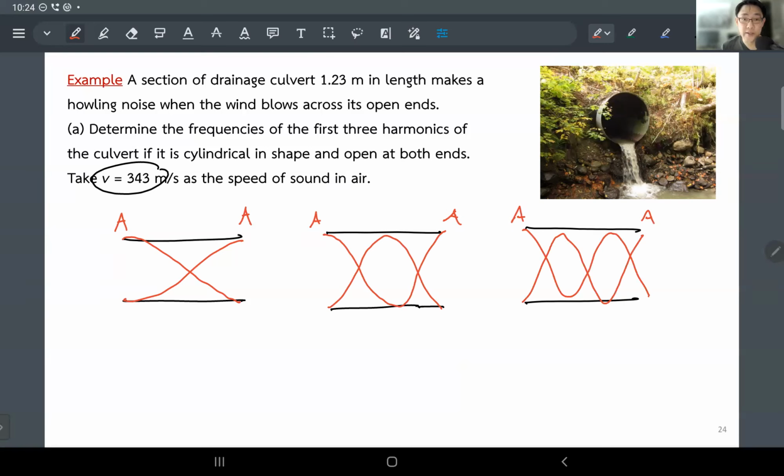It's pretty simple: just fit the wavelength into a tube, and then you start counting, or analyzing the wavelength. For this one, you can see that it's exactly half the wavelength. So if the length of the tube is L, half the wavelength is going to be L, and that means the wavelength is going to be 2L.